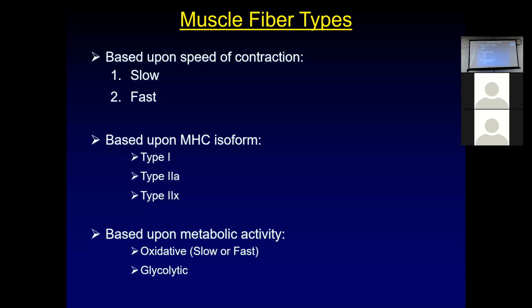The vast majority of you, if we took a biopsy and examined your fibers, are going to be somewhere between 60% and 40% fast versus slow, one way or the other. I would say three-quarters of you are going to be somewhere in that range. We might have one of you in here that is over 80% fast twitch or over 80% slow twitch.